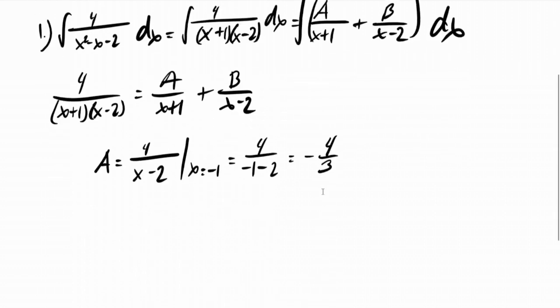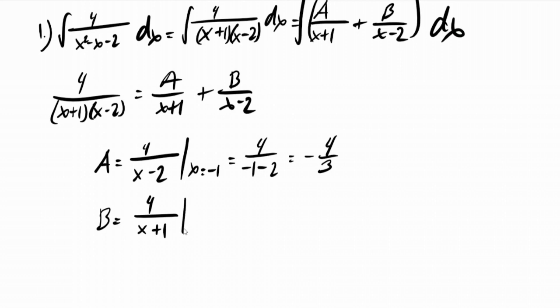This time we are going to look for b, since it only has a and b here. So b is equal to, copy the numerator, 4 over, using the cover-up method, cover up x minus 2 here and x minus 2 here. What remains is x plus 1. So we put in x plus 1.